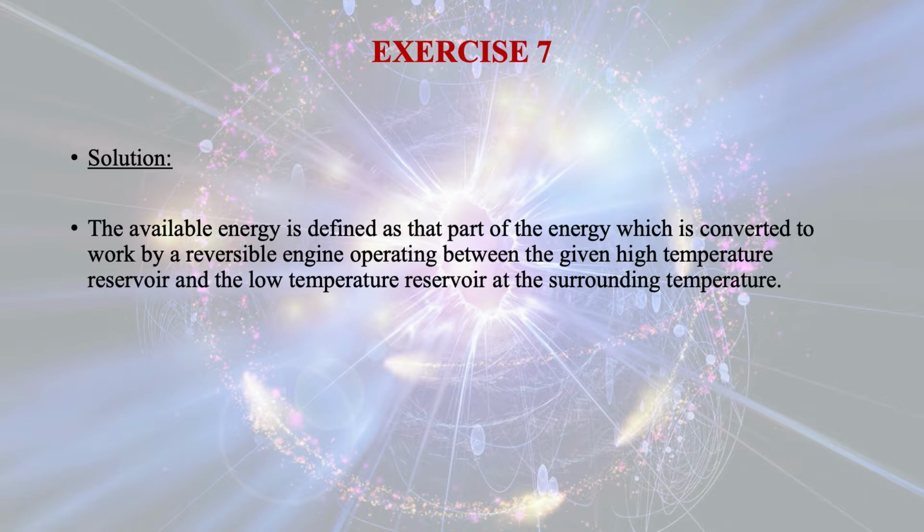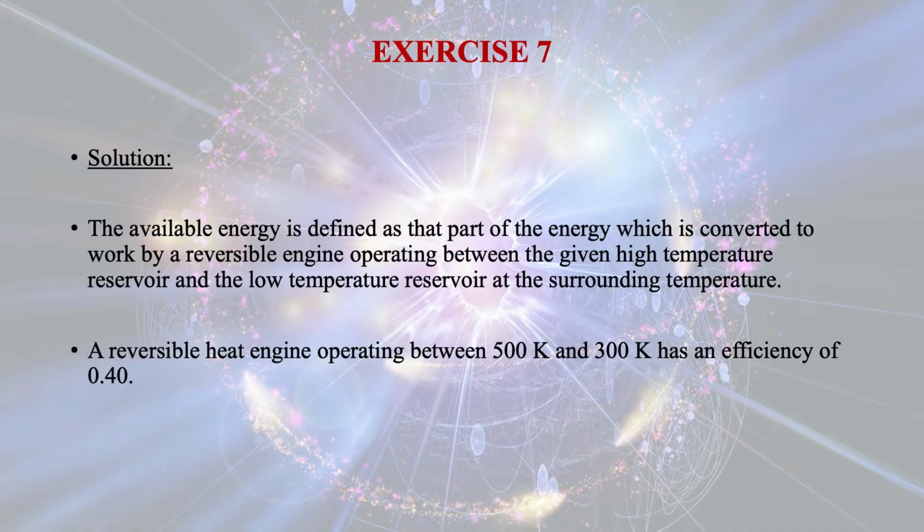The available energy is defined as that part of energy which is converted to work by a reversible engine operating between the given high temperature reservoir and the low temperature reservoir at the surrounding temperature. This is the procedure to calculate the available energy.